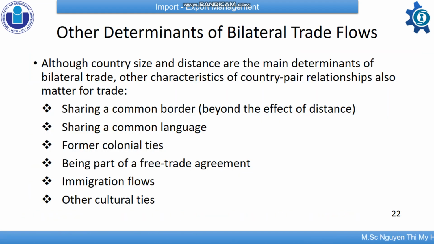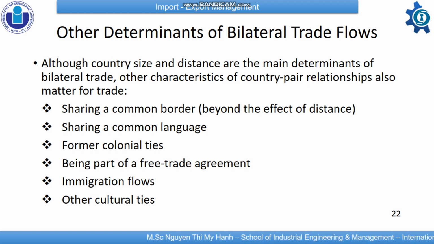So we have two main factors that affect the trade volume, that is distance and the size of the countries' economies. Besides that, more characteristics of the country pair relationship matter for the trade volume.